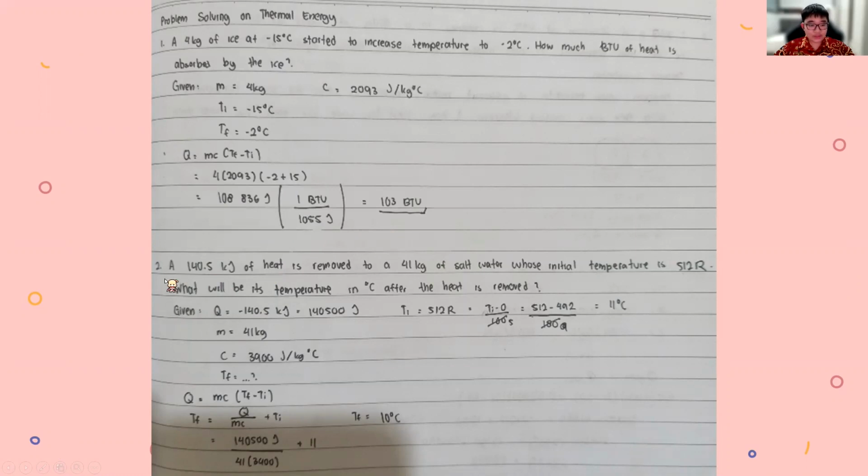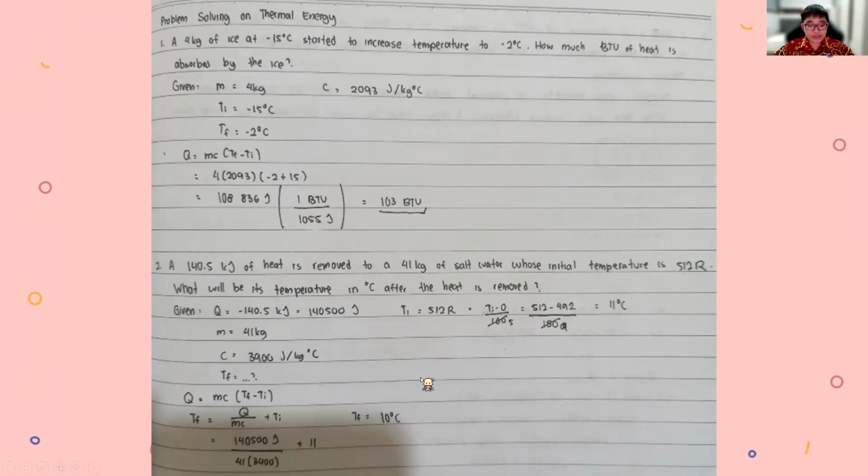For the second one, we have 140.5 kilojoules of heat removed from 41 kilograms of salt water, whose initial temperature is 512 Reaumur. What will be its temperature in degrees Celsius after the heat is removed? We will be given. This one is also using the same formula, Q equals MC times the change in temperature.